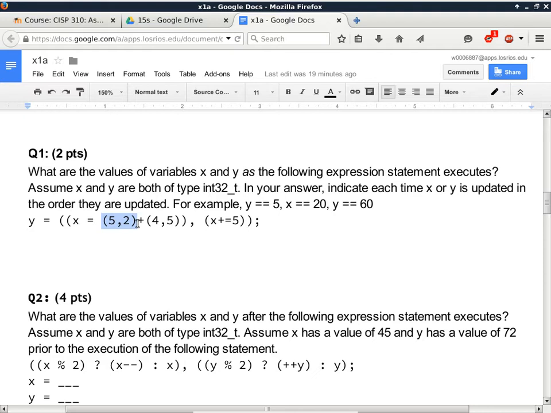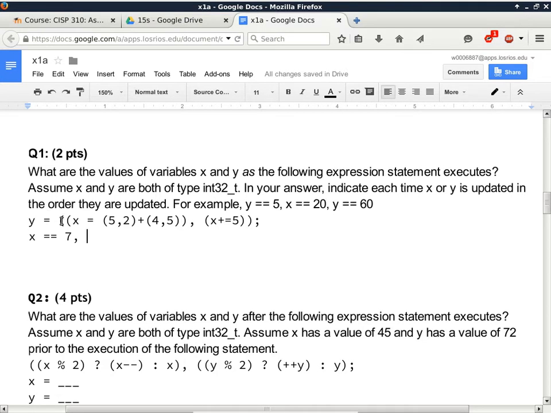So in this case, 5-2 is a comma separated expression, but only the last one presents the value of the overall expression. So this entire thing is just 2. This entire thing is 5. 2 plus 5 is 7. So in this case, the first answer, if I were to use my own notation, would be x gets a value of 7 first.